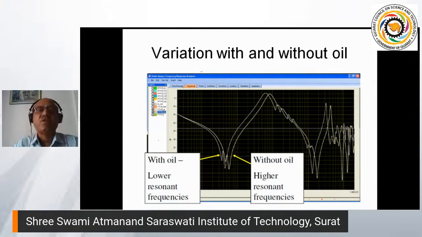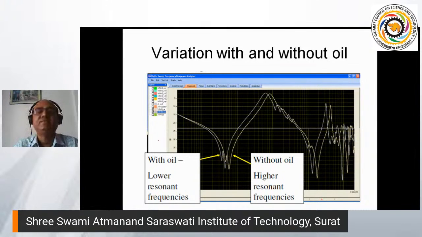Now, the oil level in the transformer bushing also has to be at the proper place. With oil and without oil you are going to have different variations. Basically, all the L and C, the turn to turn capacitances, turn to ground, and turn to core capacitances, depend on this oil.